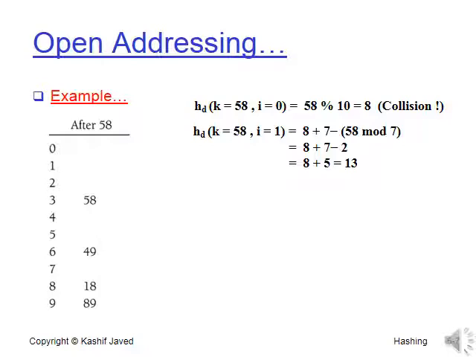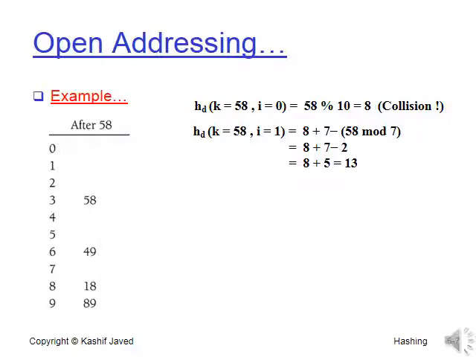Now bin 8 is already occupied by number 18, which causes a collision. We further increment the double hashing function variable i to 1 and compute the hash value, which now equals 13.